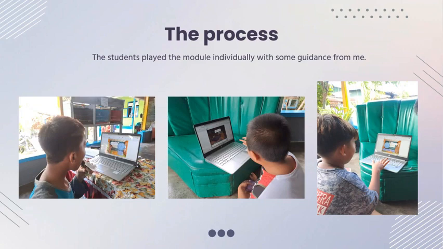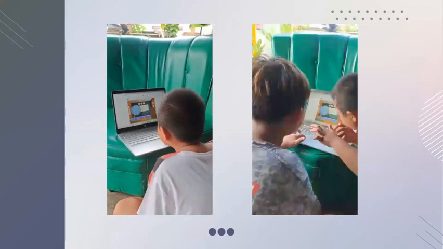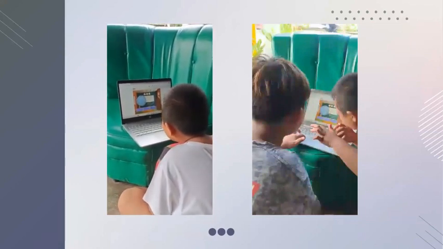While playing the module, there were usually some English words that they were still unfamiliar with or didn't know the meaning of. So I think it was beneficial for me and also for them, because we could learn the English words together while playing the module. Here is some documentation of the video when they played the module.